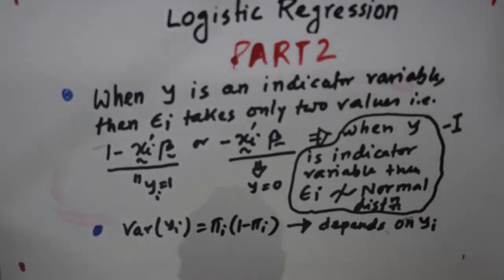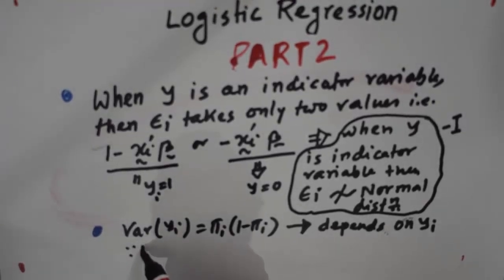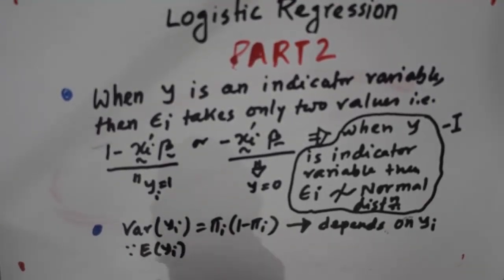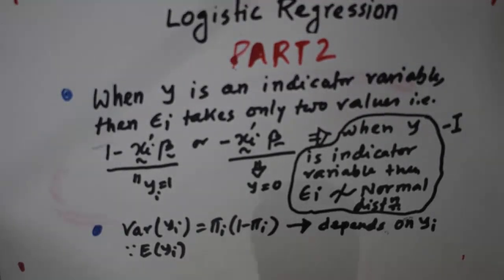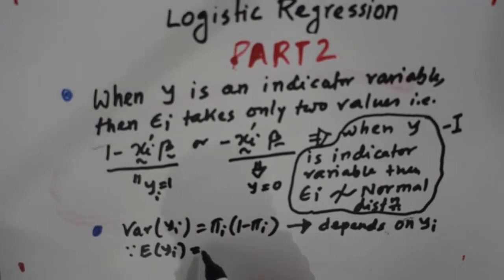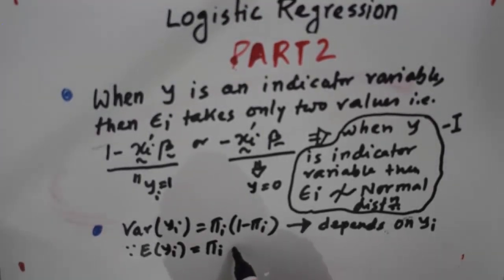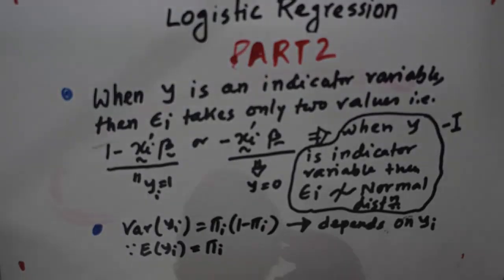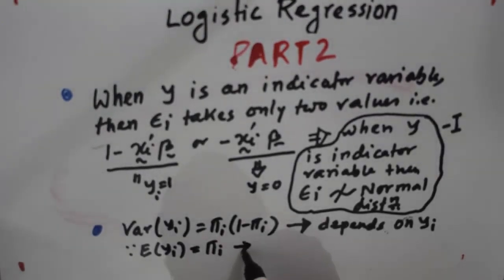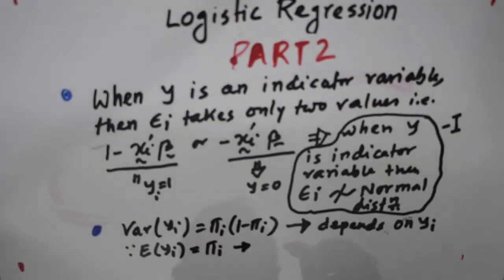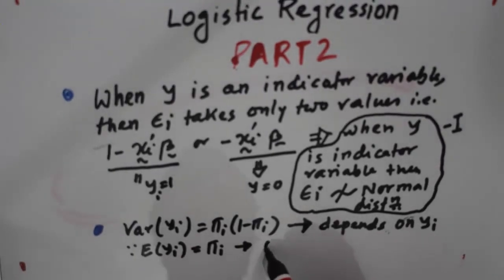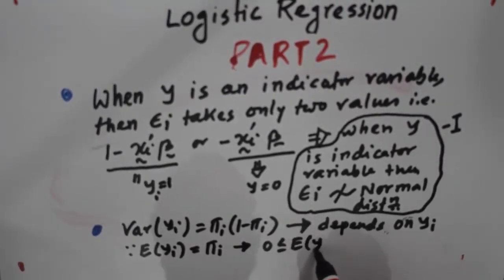Moreover, since the expectation of yi equals pi i, and pi i is the probability of yi equal to 1, the expectation of yi lies between 0 and 1.